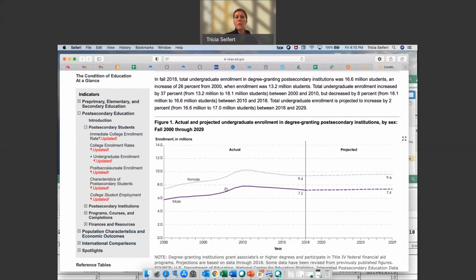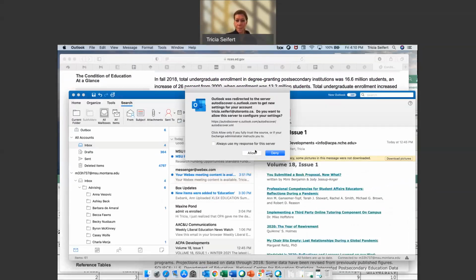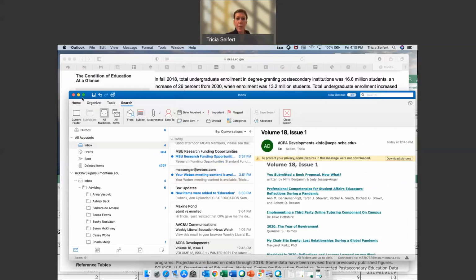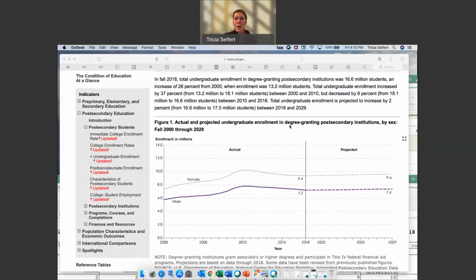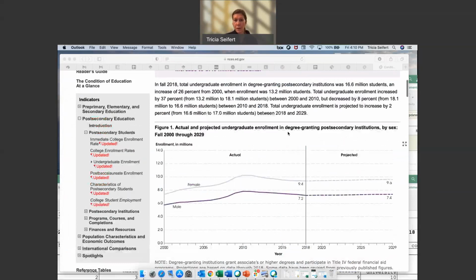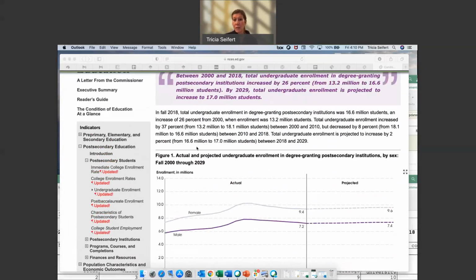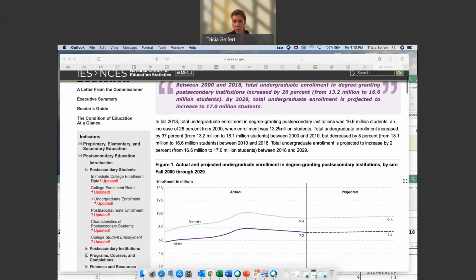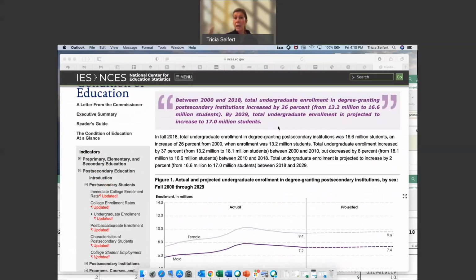But what's one of the first things you notice? My screen popping up. Some graphs. Some other ways to visually tell the story about these data, as well as text, other ways to tell the story, and popping out text, highlighting it, and using it as a quote. So here we go.